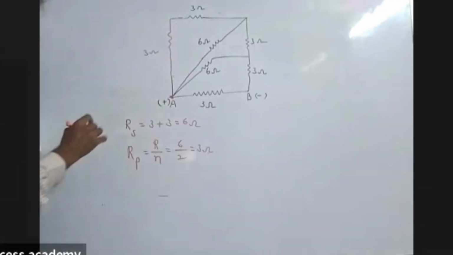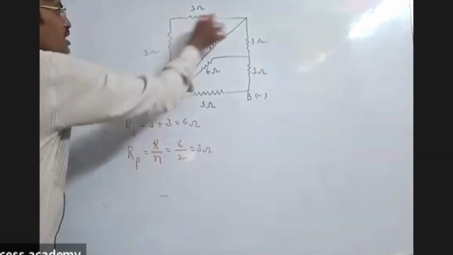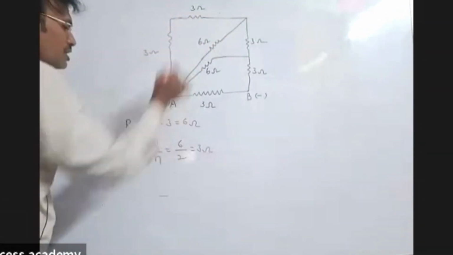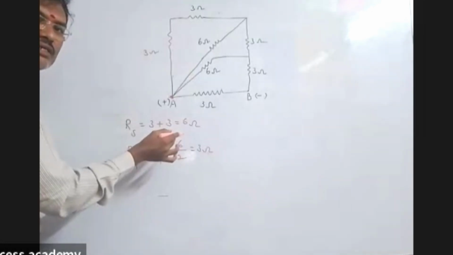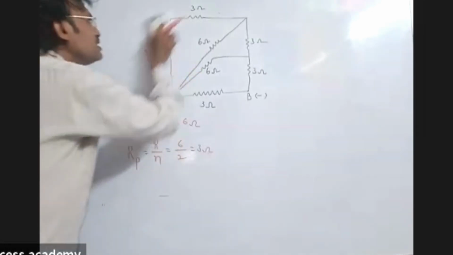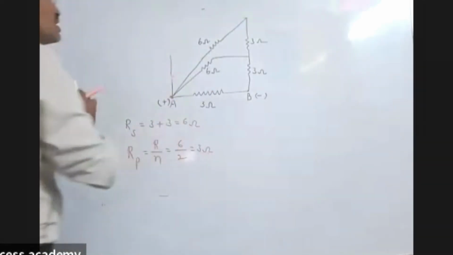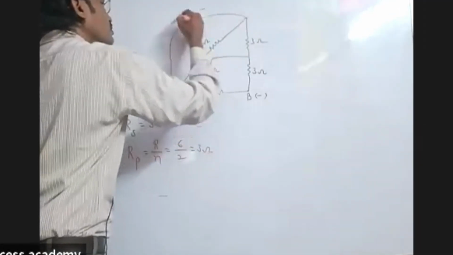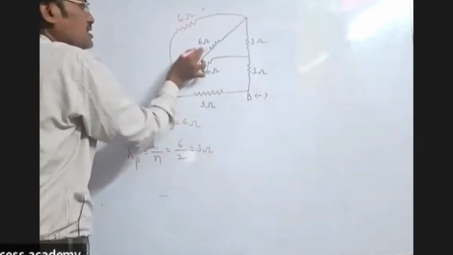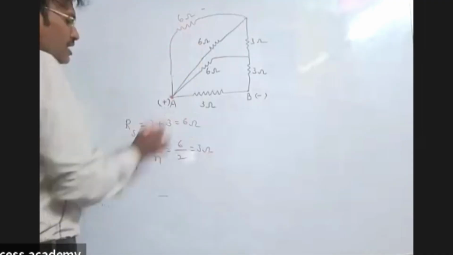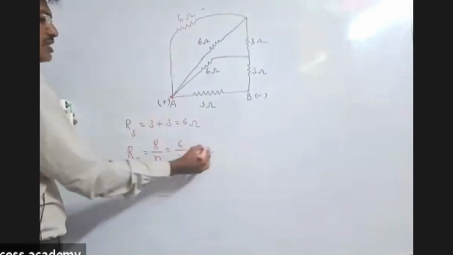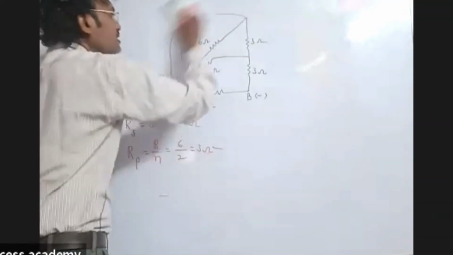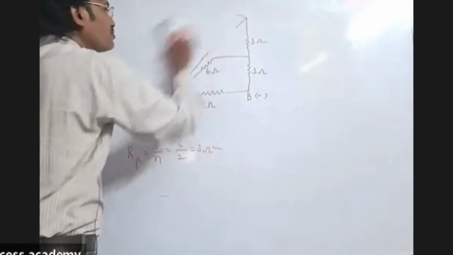Now again 3 and 3 are in series combination. 3 plus 3 is 6. Replace these two resistors with 6 ohm. Observe carefully. And again 6 and 6, these two are parallel. If 6 and 6 are parallel, the value is 3.